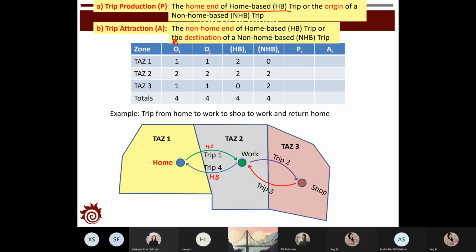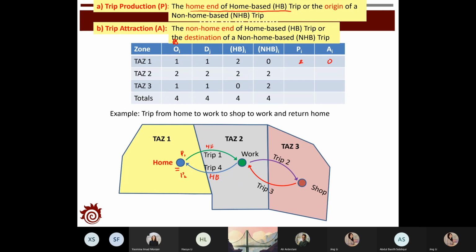For zone 1, home is definitely the home end. So we have production for trip 1 and production for trip 4, which means we're going to have 2 productions and 0 attractions for zone 1.